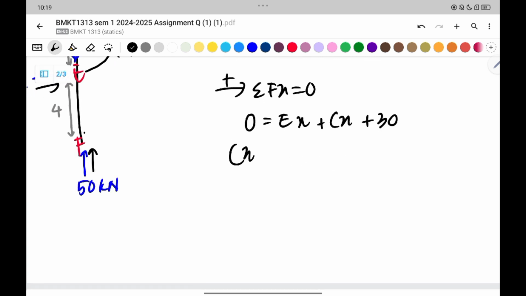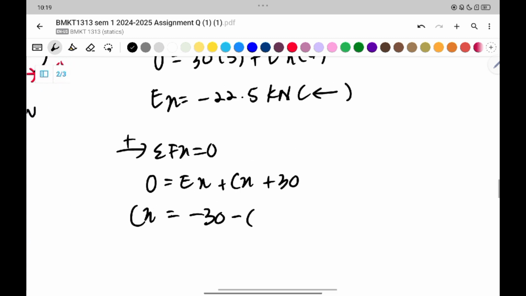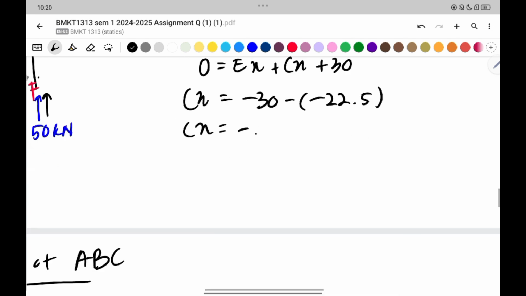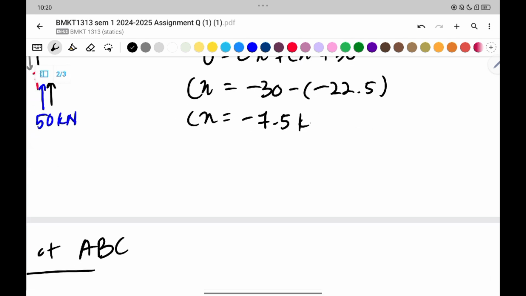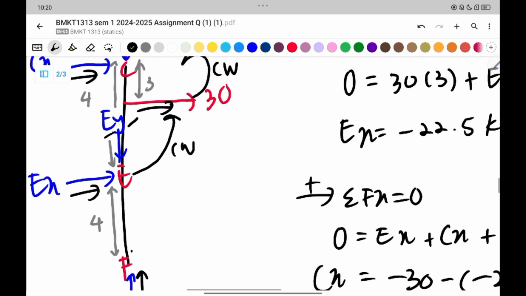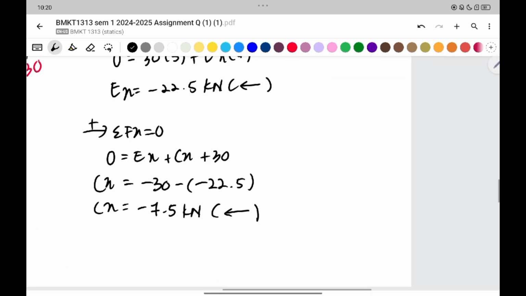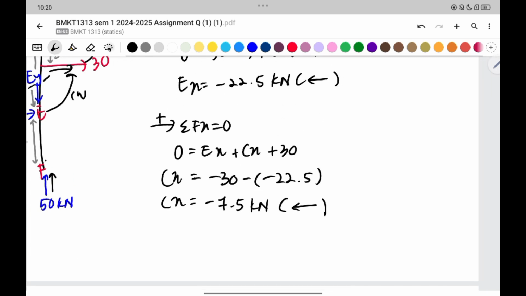So here you can find the value of CX is equal to negative 30 minus negative 2.5. So here we know the value of CX is negative 7.5 kilonewton. Because the value is negative, the answer is supposed to act to the left for it to be positive.